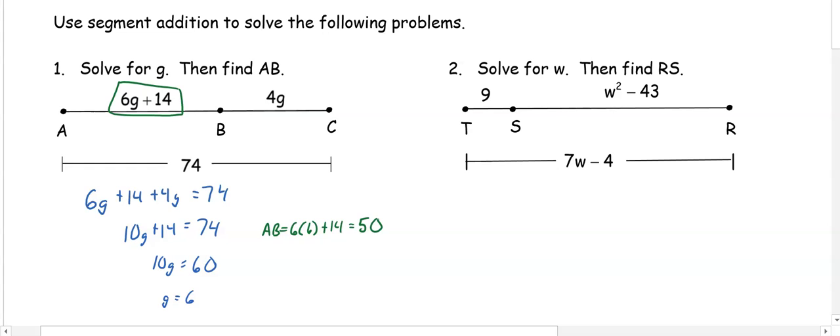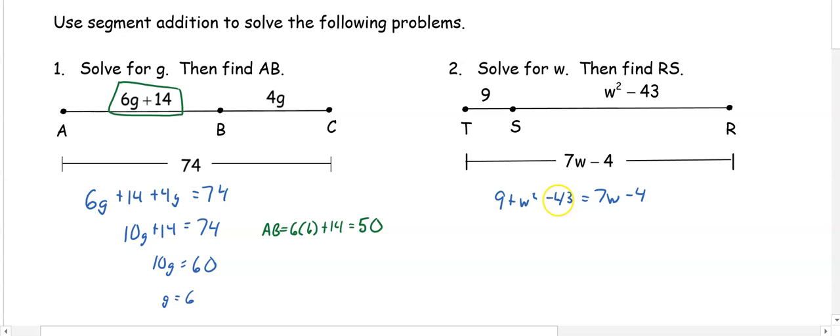In number 2, we want to find W and then find RS. The two pieces that are equaling the whole line here are the 9 and W squared minus 43. So 9 plus W squared minus 43 is equal to the whole line of 7W minus 4.